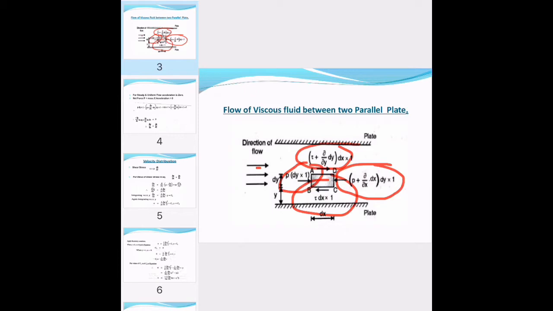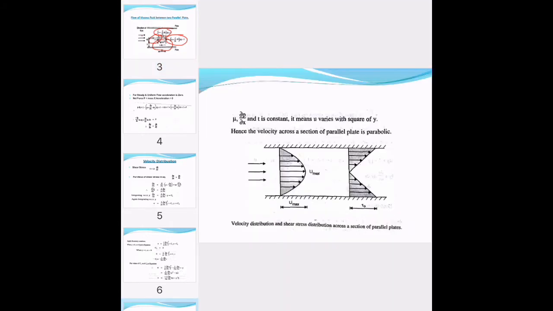If we consider that the flow is steady and uniform, that means there is no acceleration and the resultant will be 0. If you add up all the forces, we get del P by del x equal to del tau by del y.